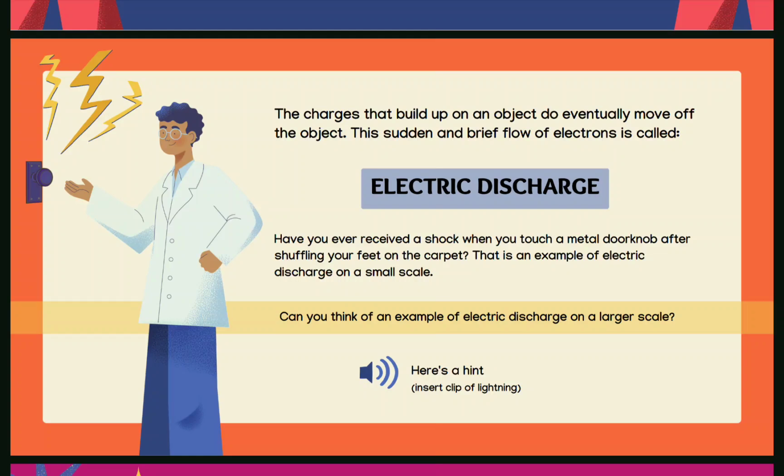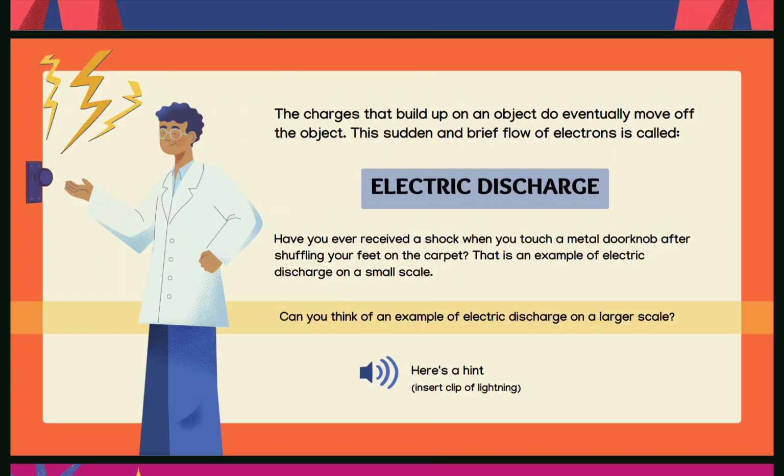We'll take another example. Have you ever received a shock? A small shock when you touch a metal handle or a metal door handle after shuffling your feet on the carpet or on woolens. It usually happens in the winter season when you are wearing woolen clothes.